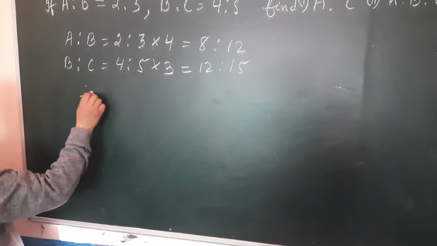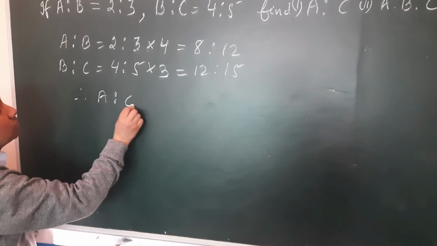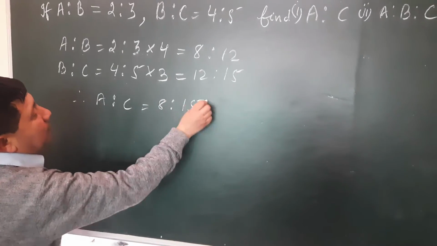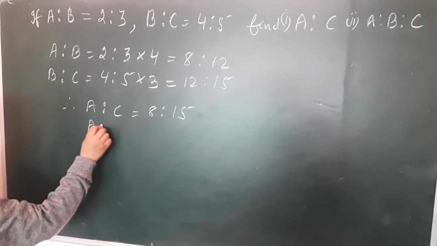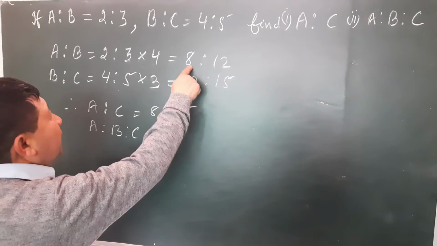So therefore, write down the first answer: A is to C, that means 8 is to 15. Next, A is to B is to C. Now look at the last one here, 8.